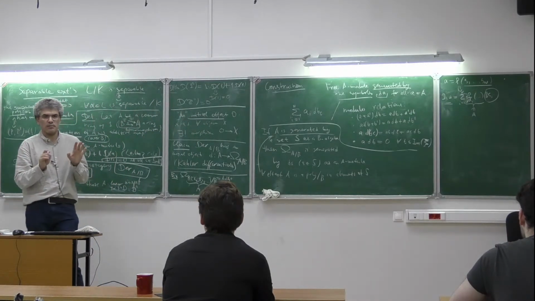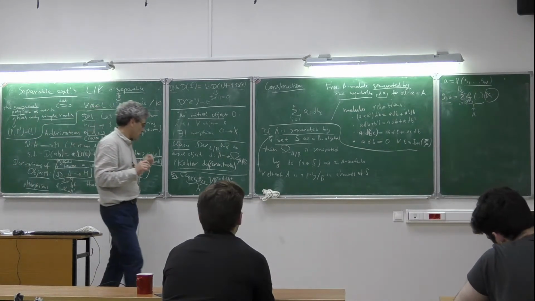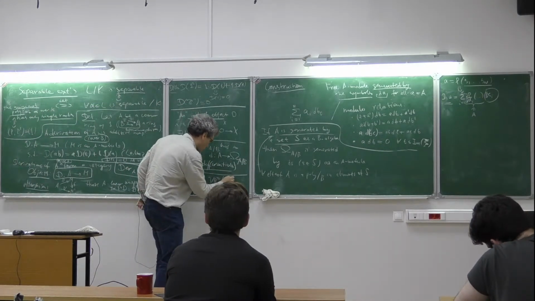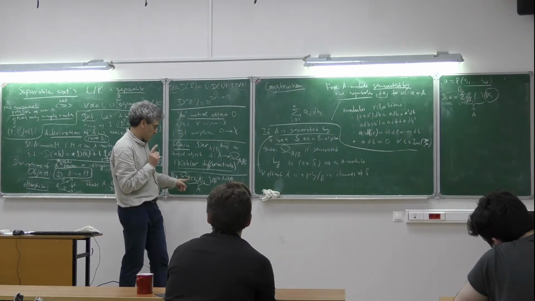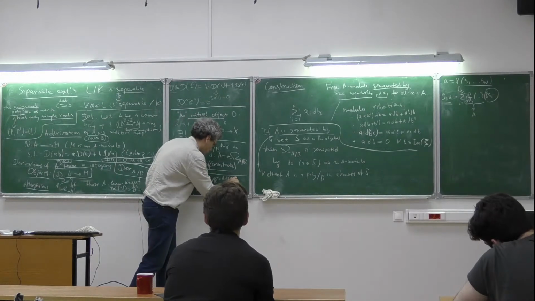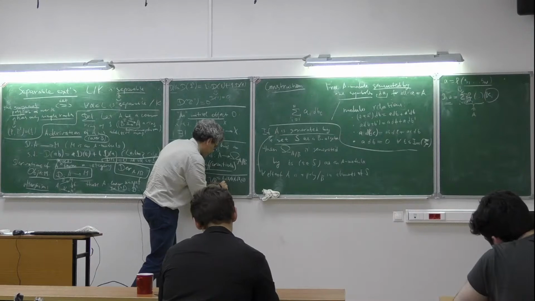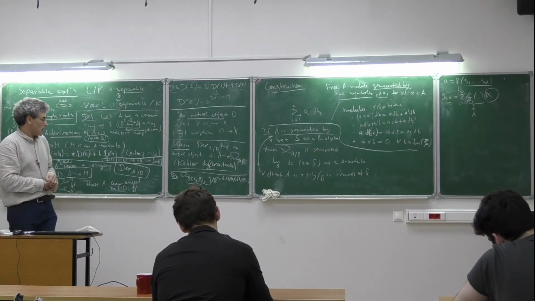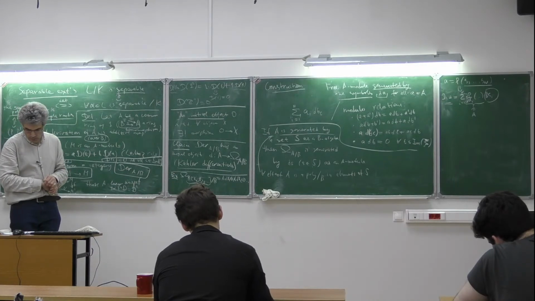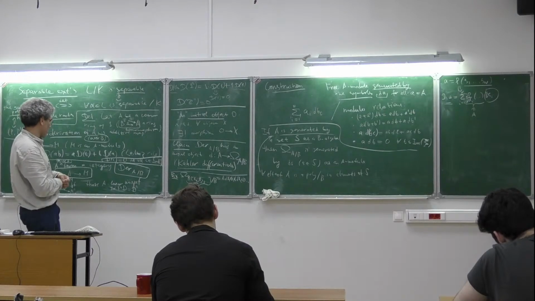If there are infinitely many variables, you cannot consider this as a product, but it is a sum. So this will be A dx1, A dx2, and so on. All right. Maybe some other example.